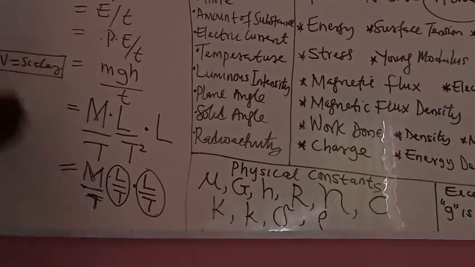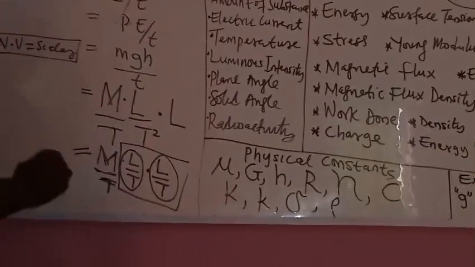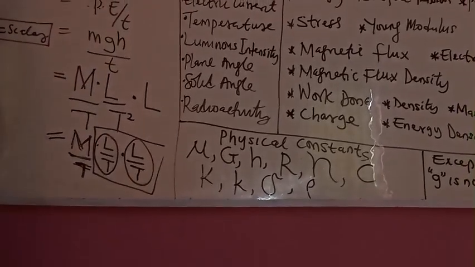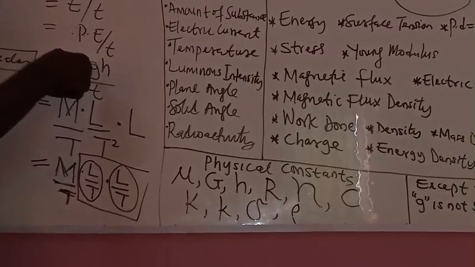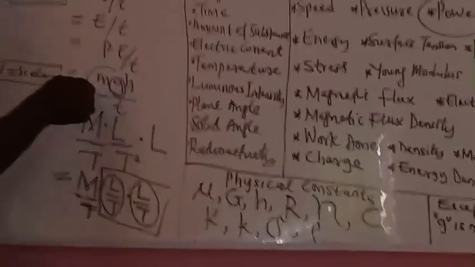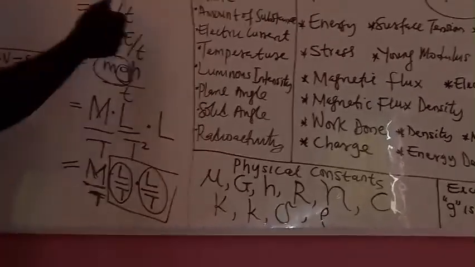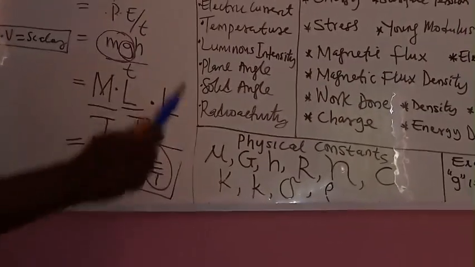So since this is scalar, and these two end up being scalar, it means that power is a scalar quantity. One would have thought that since it has acceleration, which is vector, or since it has mass times acceleration, which is force, also a vector, power would be a vector quantity. But by the time we come up with this analysis, that is one of the importance of dimensional analysis.